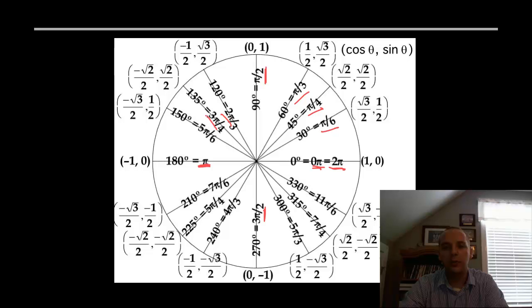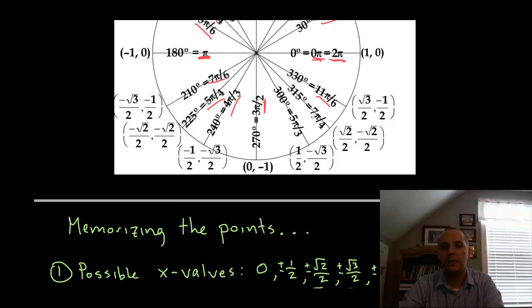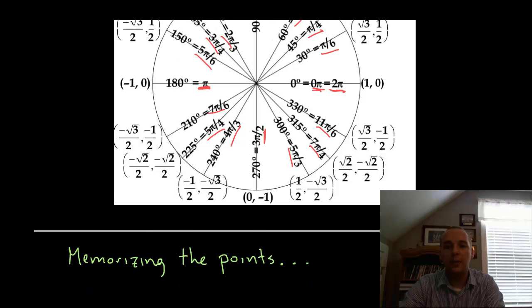Here's 2 pi over 3, 3 pi over 4, 5 pi over 6. That's numerator 1 less than the denominator. 7 pi over 6, 5 pi over 4, 4 pi over 3. Those numerators are 1 more than the denominator. And then these kind of funky ones here at the end, 11 pi over 6, 7 pi over 4, and 5 pi over 3. So you're halfway done.